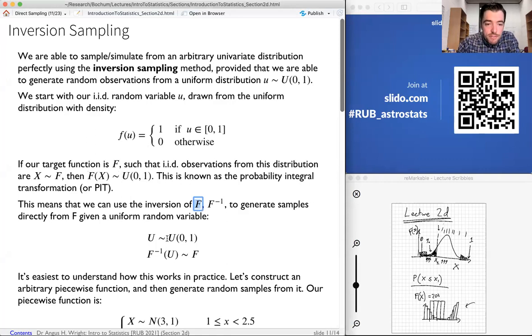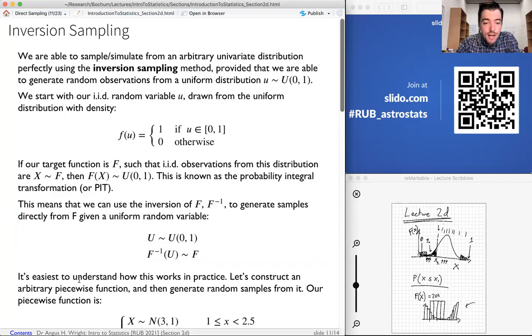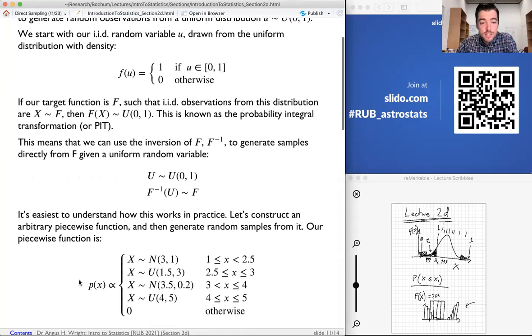Okay, so if we have uniform random variables, so IID observations from this uniform distribution, then the distribution of values of the inverse of f evaluated at all of our uniform draws actually produces the probability distribution f. And I know that sounds complicated and probably like it doesn't make any sense. So let's just see it in action, because it's a lot easier to understand when you just watch it happen in real time. So let's do this.